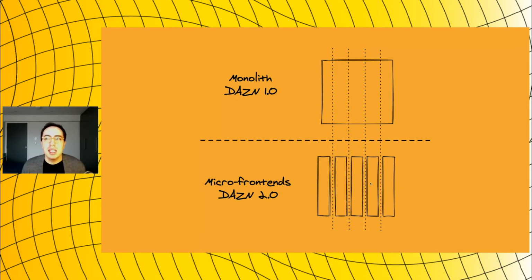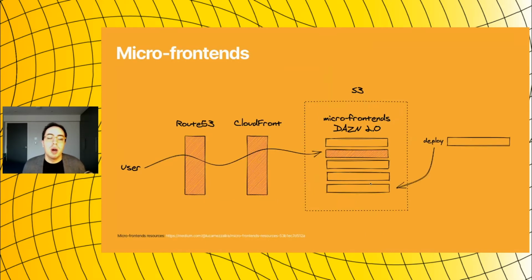They are independent, and there is only one of these micro-frontends in the page at a time. The good news is that by doing this, we allowed individual teams to work on micro-frontends individually. And one of the first benefits that this brought was that it allowed us to deploy these micro-frontends independently.